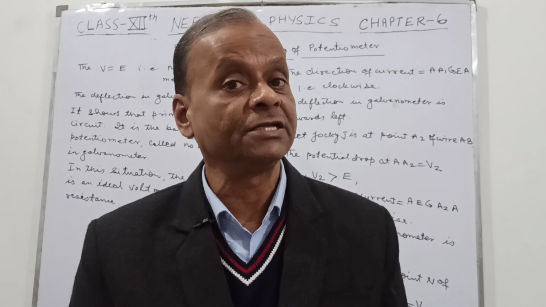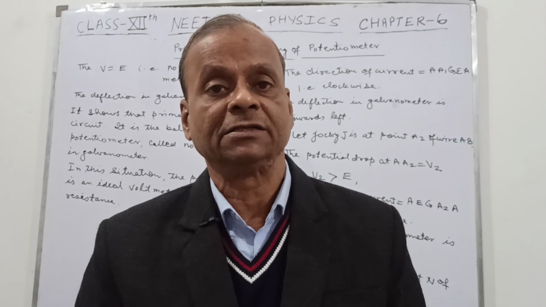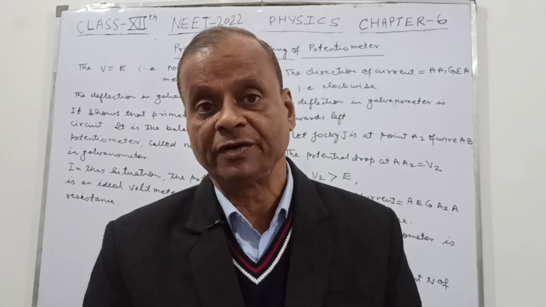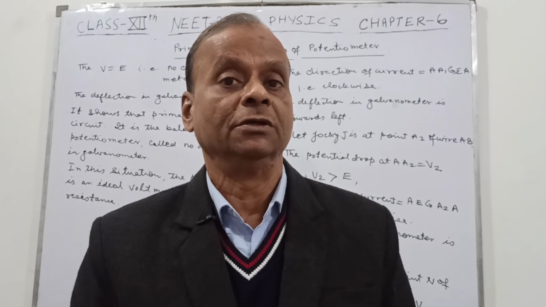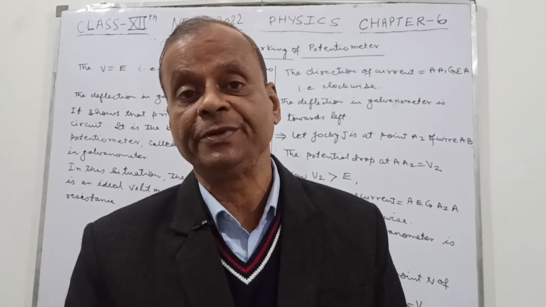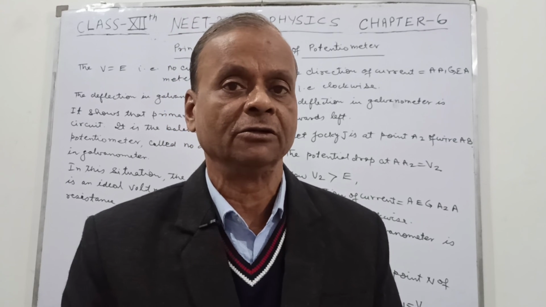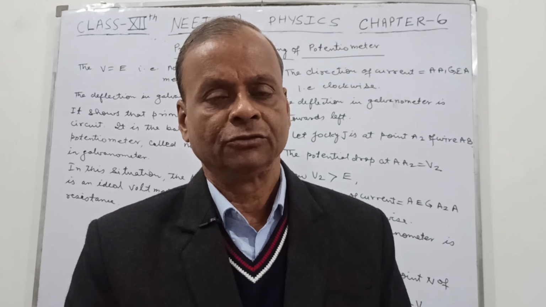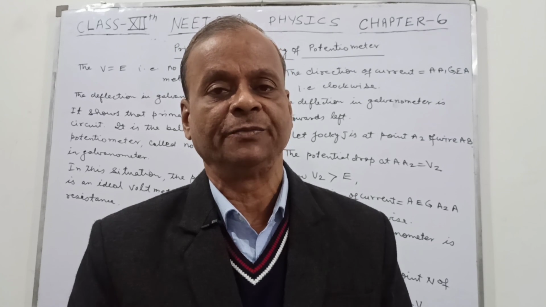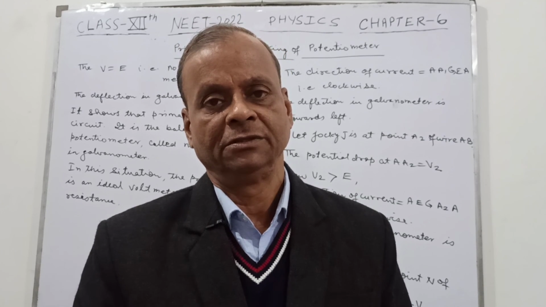So the auxiliary circuit is an open circuit, and the resistance of the potentiometer wire, that is AN, will be equal to infinity. So this will behave like an ideal voltmeter of infinite resistance. So this is the principle and the working of the potentiometer. Thank you.